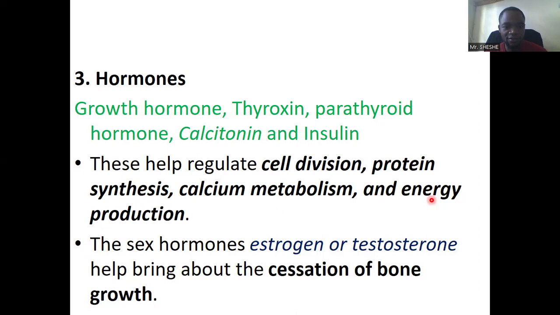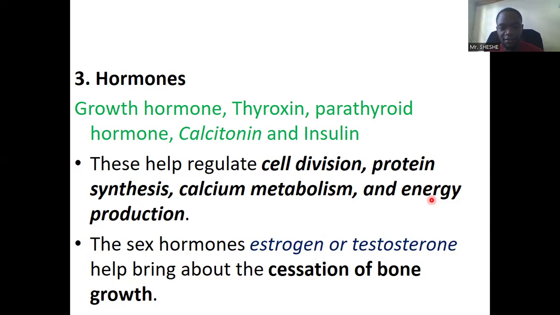In addition to that, we have sex hormones. Most importantly, in females it is estrogen, in males it is testosterone. If you look at the male skeleton and female skeleton, it's easy to know because the female skeleton is thin. The bones of a woman are thin as compared to the bones of a man. Male bones are thick and they are roughened on their surface.